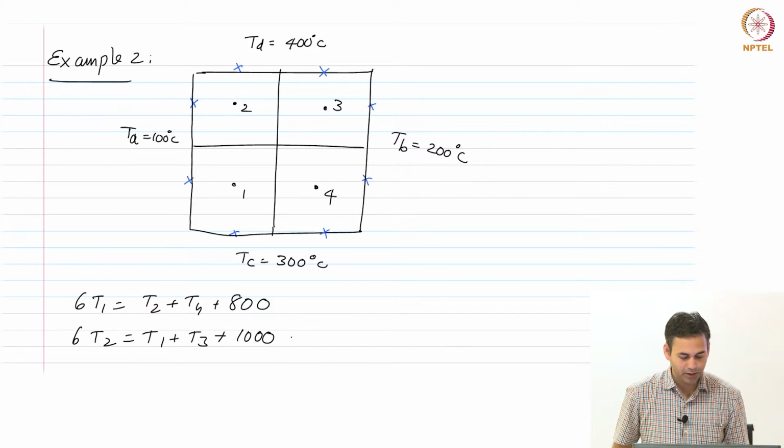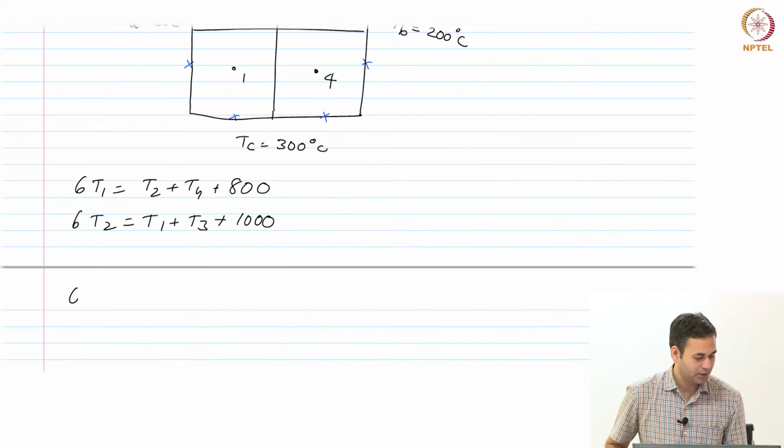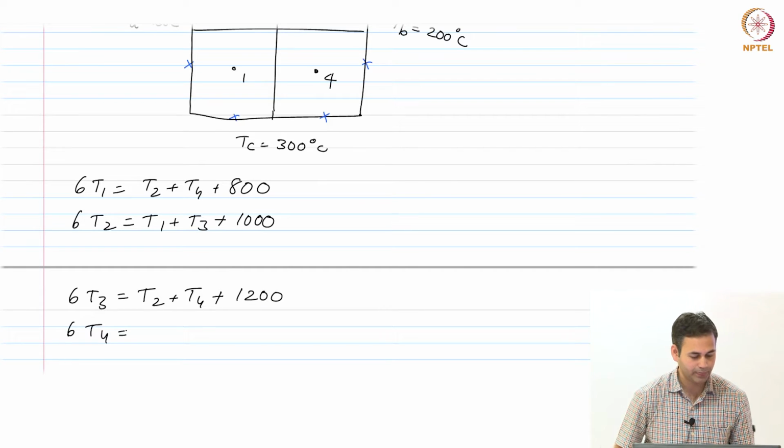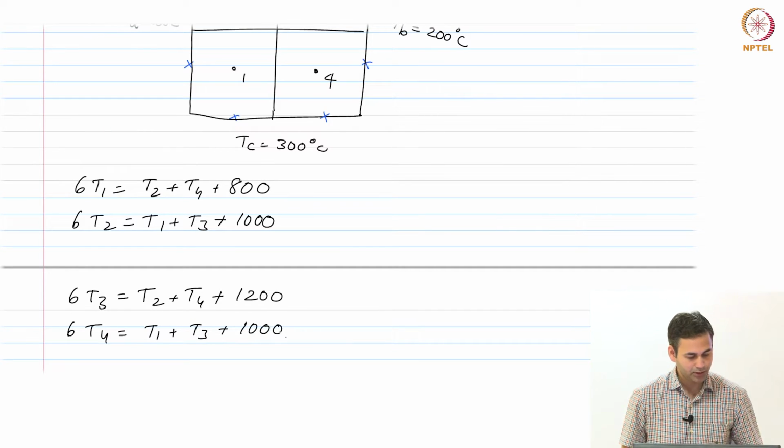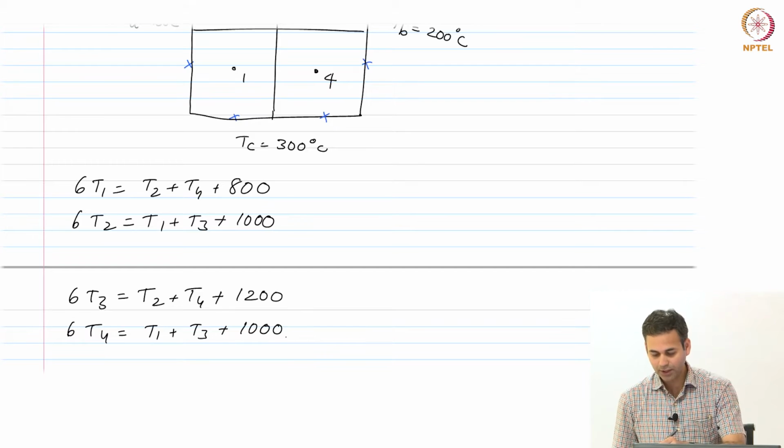And then 6T3 equals T2 plus T4 plus 1200, and 6T4 equals T1 plus T3 plus 1000. That is what we have. So, essentially we have 4 equations.